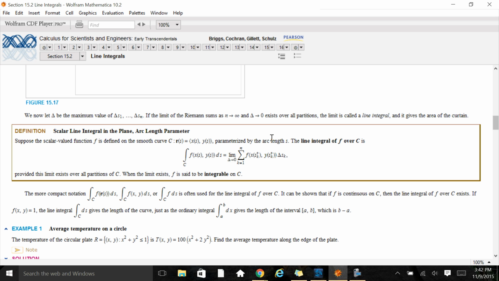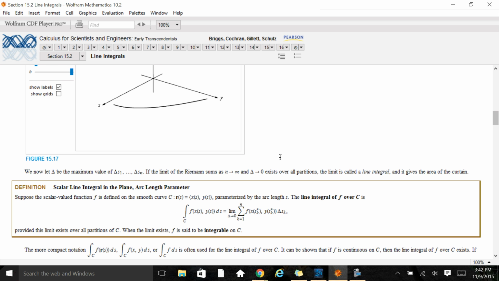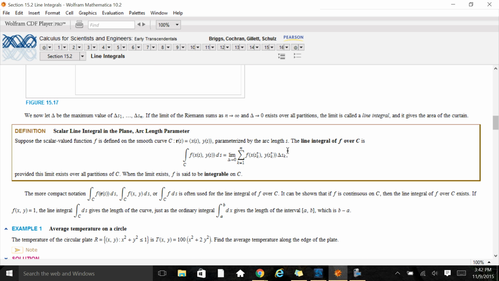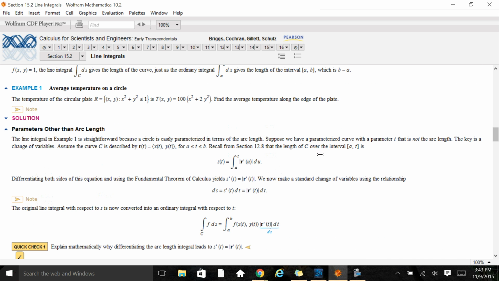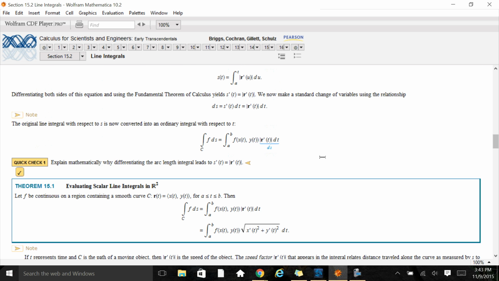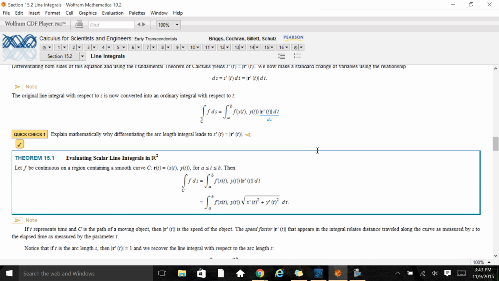Okay, again, we're not actually going to do it that way. We often start with arc length because that's what comes out when you do the proofs. But what we really want to look at are parameters other than arc length. And basically what we'll do to do that is use the magnitude of r prime of t dt to convert from ds to dt. So we can use any parameterization that we want.